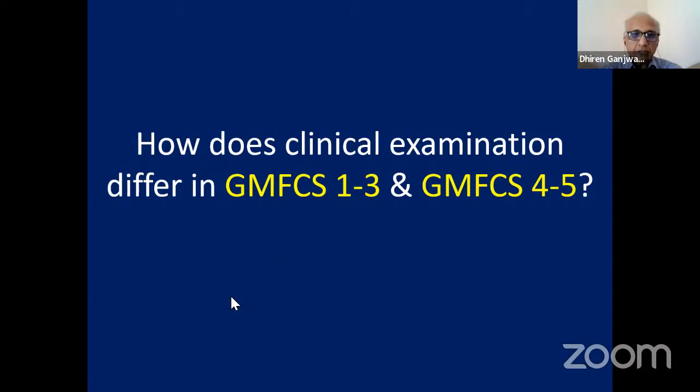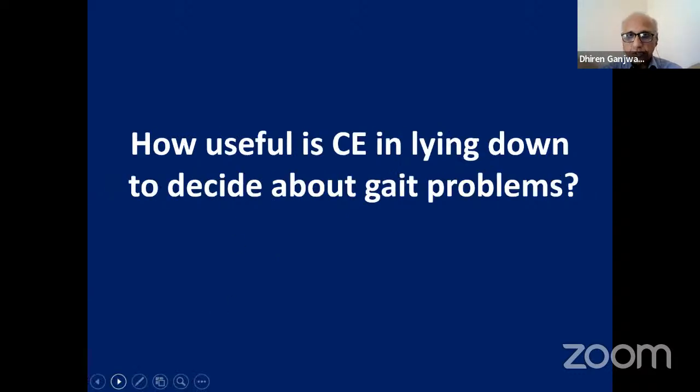The next question, which is very important, and I don't have a very clear answer to it, which is why I want to know from you: we carry out clinical examination in a lying down position, and from that we try to gather information. Now, GMFCS levels 1-3 have a major issue of abnormal gait, and our aim is to improve walking.